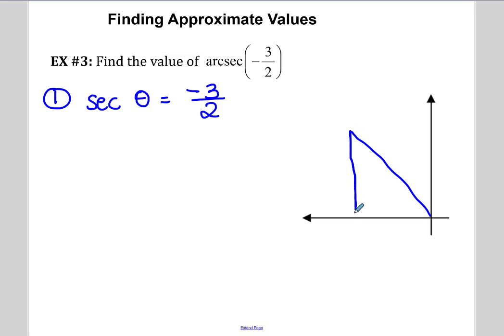Cosine is adjacent to hypotenuse. So secant will be hypotenuse divided by adjacent. Now we can't have a negative for the hypotenuse, so that forces our negative to be on the adjacent or on the x-axis. Okay, so we can set that up that way.